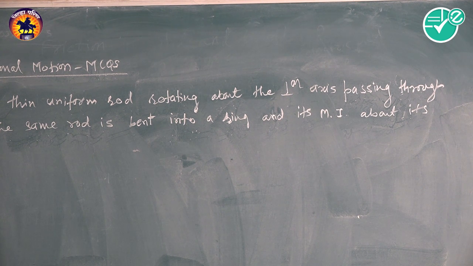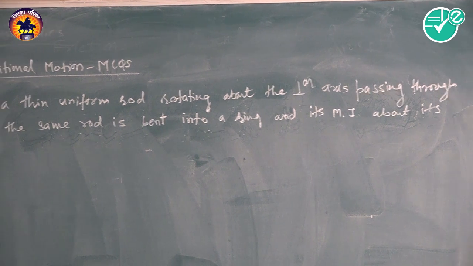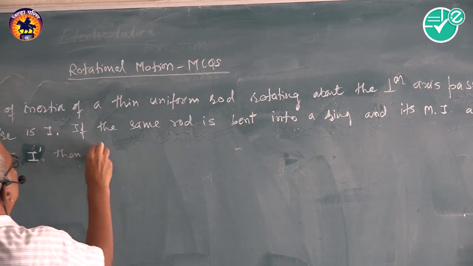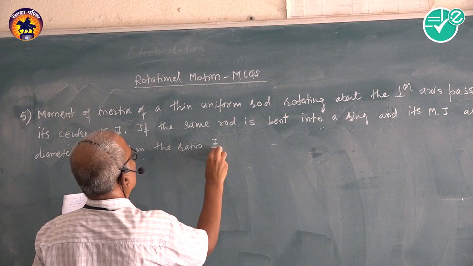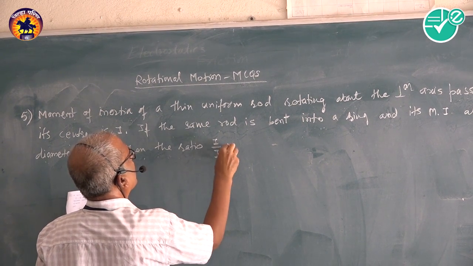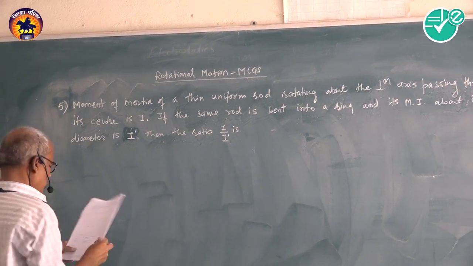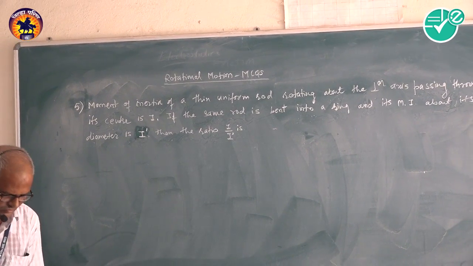Is I dash. Then the ratio I upon I dash is.